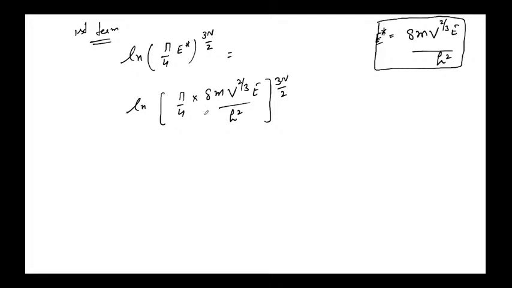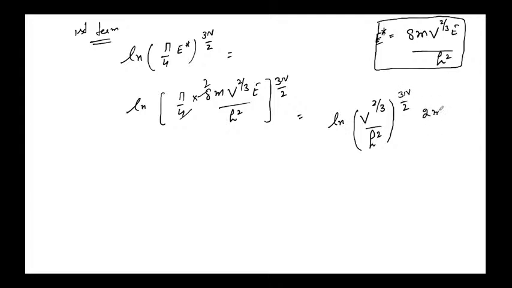So the 4 gets cancelled, and we can write log of V^(2/3) over h square, which we write separately to the power 3n by 2.